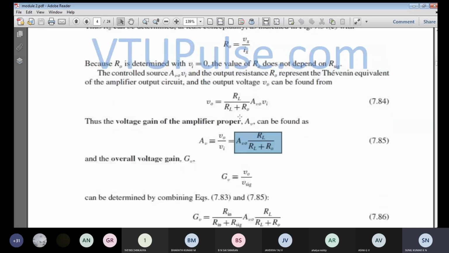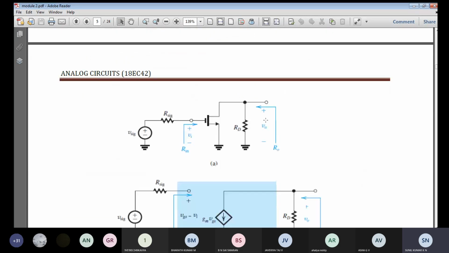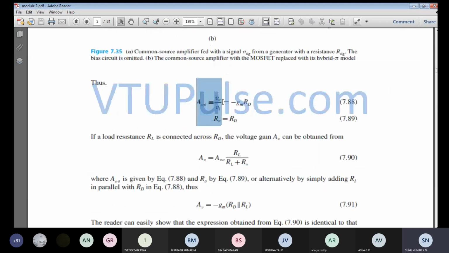In terms of the output voltage, we found the overall voltage gain, Av0 times Vi. So if you find the overall voltage gain, V0 by Vi, that will be the gain expression, equal to minus gm times Rd, which we have already found in the small signal operation model of a MOSFET. In the first module, when we did the small signal model, we found the voltage gain, and that same thing we are going to find here.